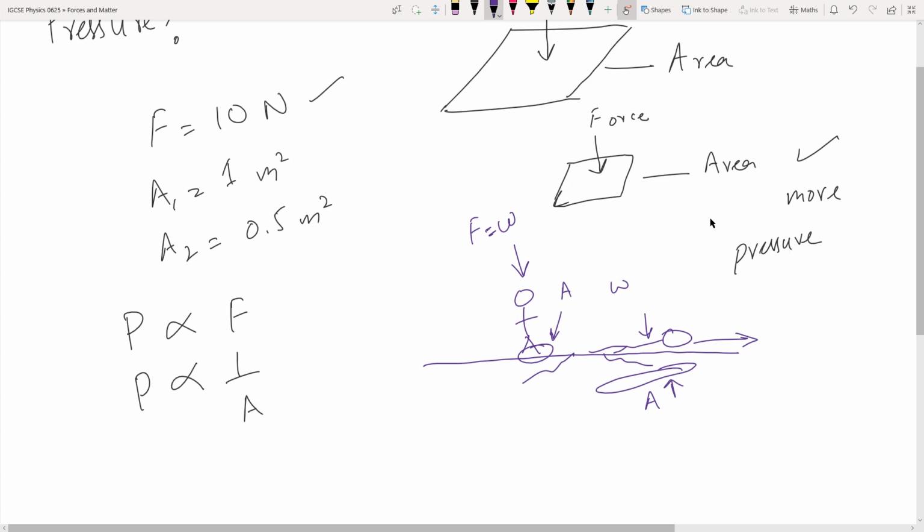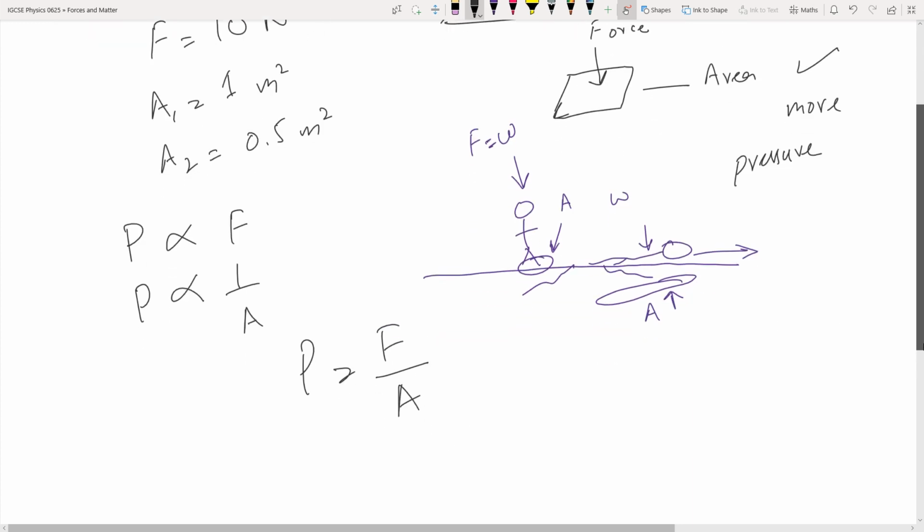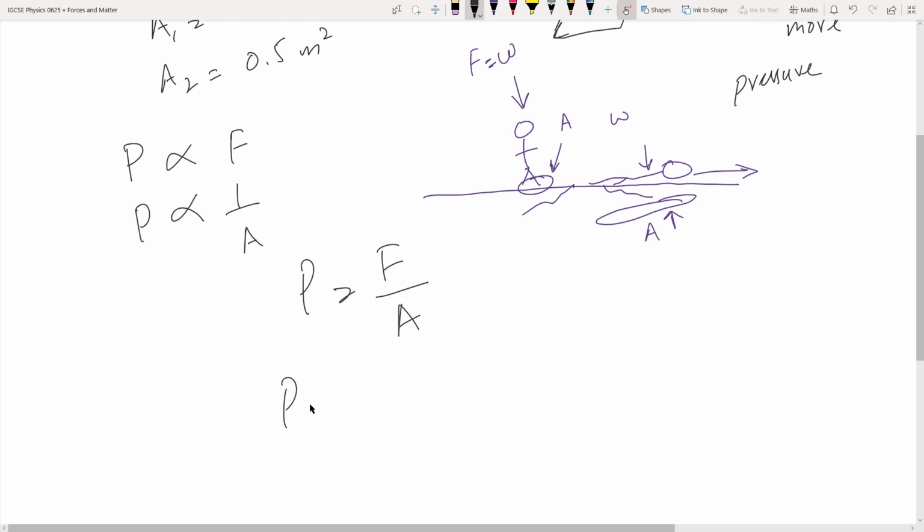So in this case, we can simply say that pressure we can define as force per unit area. And in these terms, since force is going to be in newtons and area is going to be in meter square, we can further say that the unit is going to be newton per meter square.